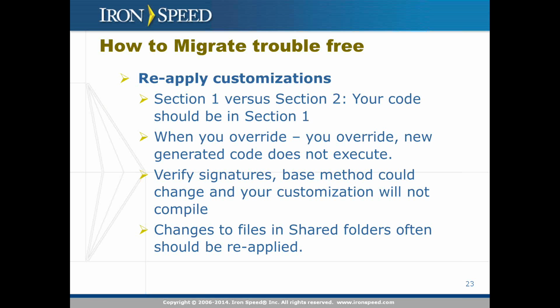Otherwise, certain new functionality which is generated in the code will never be called because you overrode the whole method. So if you have this type of customization, look there and see if you suddenly get a compilation error on this page or it behaves weirdly. The first thing to do is comment out your customization and see if it suddenly works.